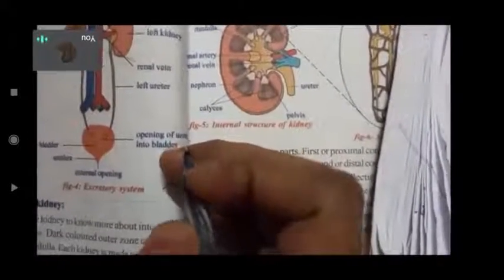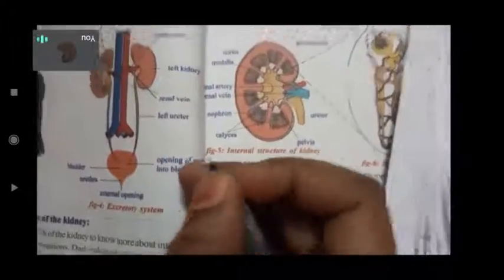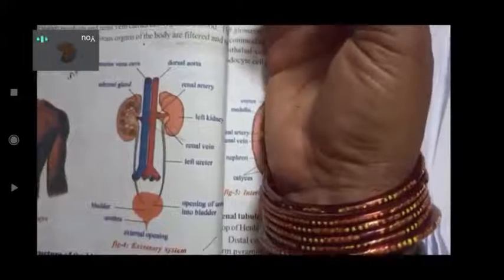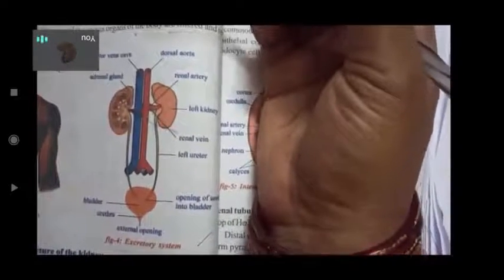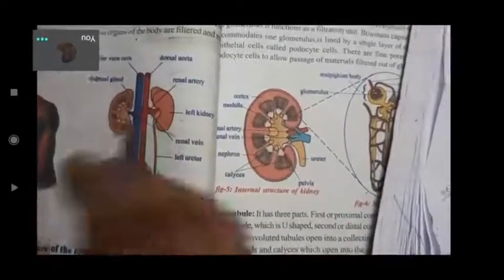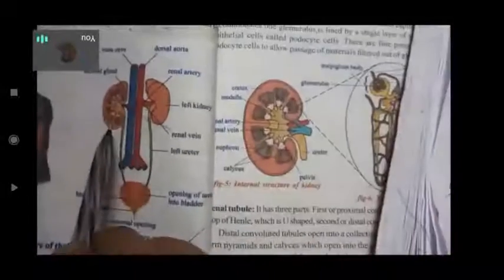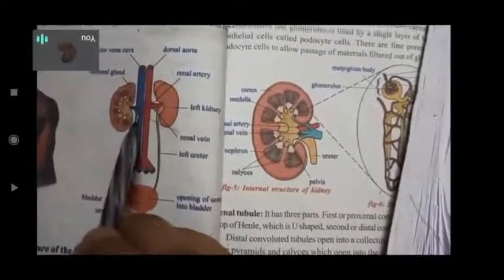Next, one more point I want to tell you. Due to the position of the aorta on the left side of the heart, and the position of the kidneys, the right renal artery is longer than the left.